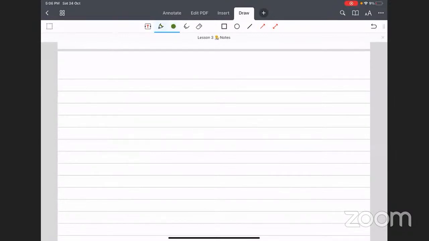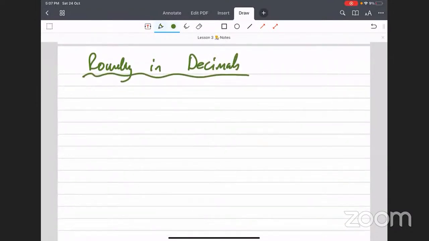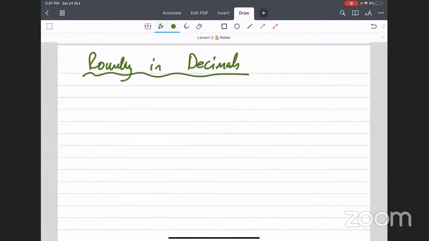Okay, so decimals. Rounding in decimals. So 0.1234567.